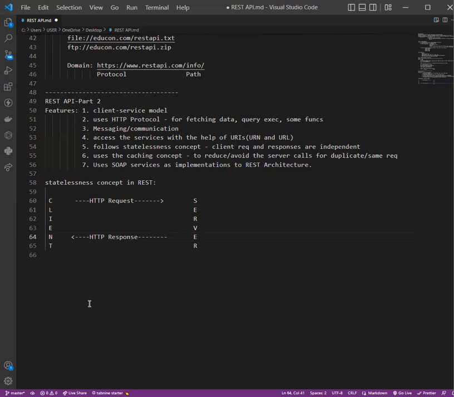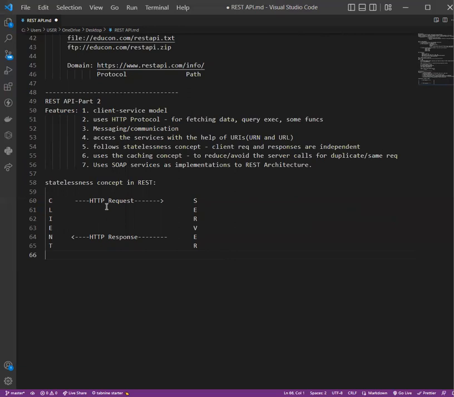So basically, the REST architecture is designed in such a way that the client state is not maintained on the server. This is known as statelessness. The client sends the request, means what the client wants from the server, as an HTTP request.